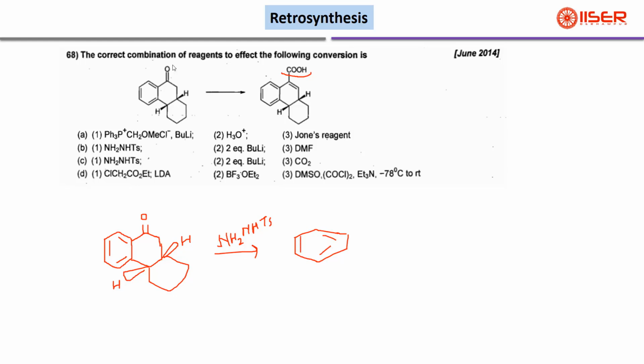Whenever instead of the carbonyl there is a double bond at the alpha position, and a new group has been incorporated in place of the carbonyl, always think about the Shapiro reaction.